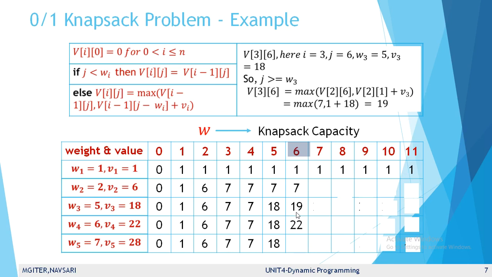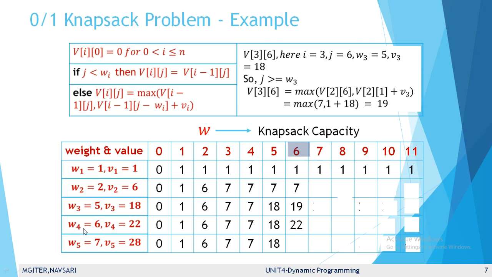Now in the next we have a fourth item, with the weights of 1 kg, 2 kg, 5 kg and 6 kg. Now we have two choices. We can include the one item with the weight of 6 kg, or we can include the two items with the weight of 1 and 5. So 1 plus 5 is 6, but the profit of including the two items, 1 and 5, is 18 plus 1 is 19.